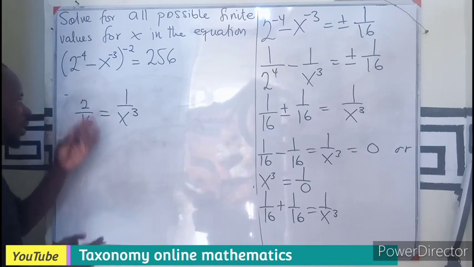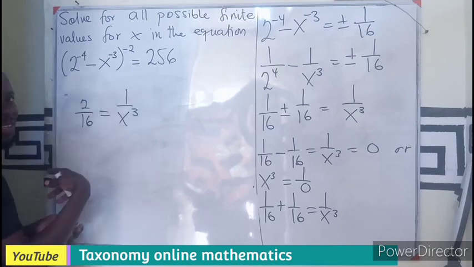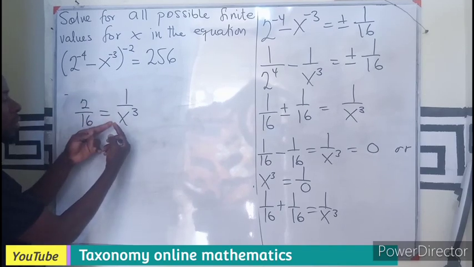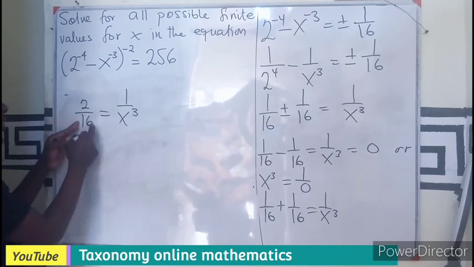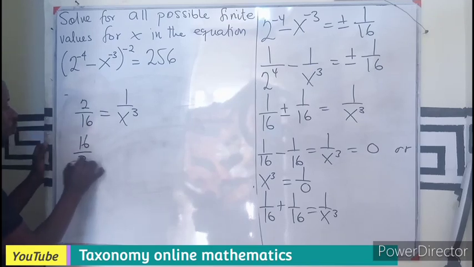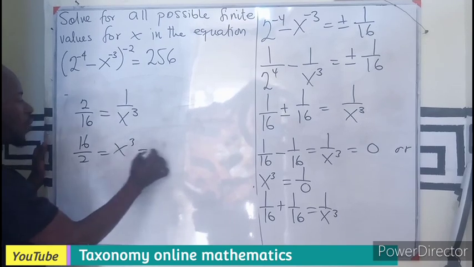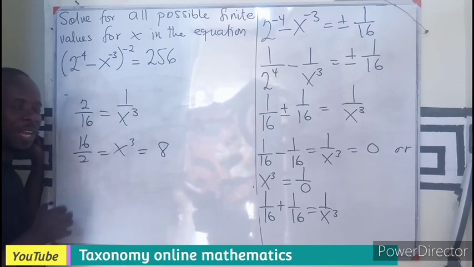We can cross multiply as in this way, or we can also invert. Meaning 1 comes down, this go up, this go up, this come down. Going to become 16 over 2 equals x to the power 3 over 1. And this will give you what? 8. 16 over 2 is 8.